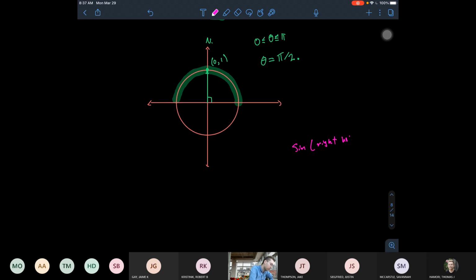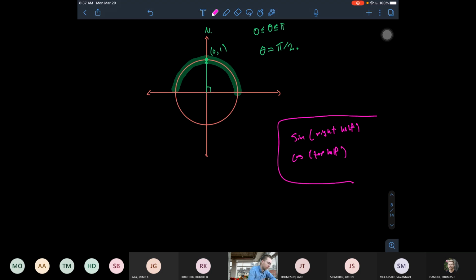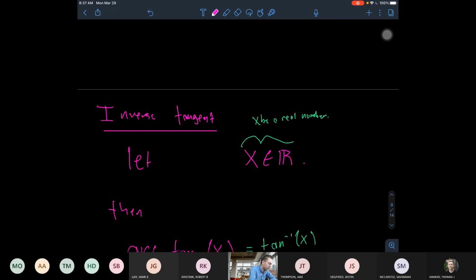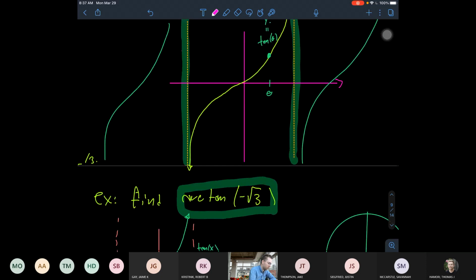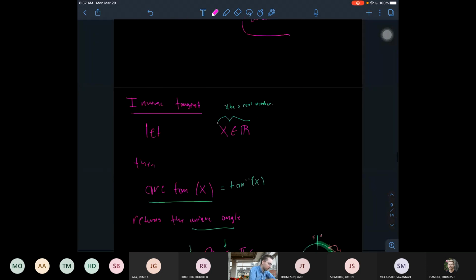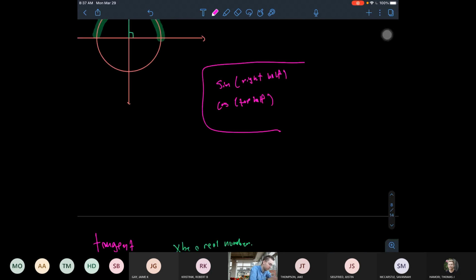And for cosine, we're always talking about the top half. So that was about how we do inverse trig, and also tangent. Sine and tangent were both right half.